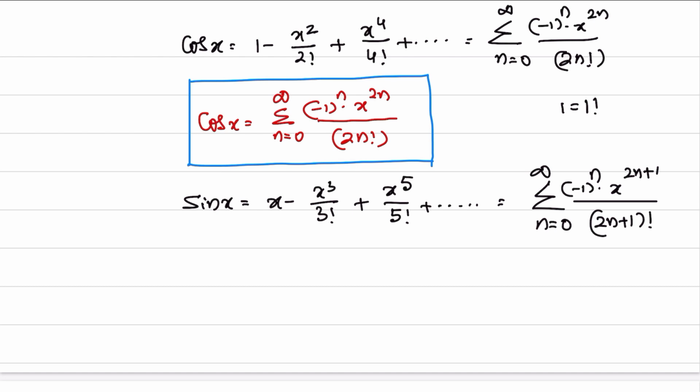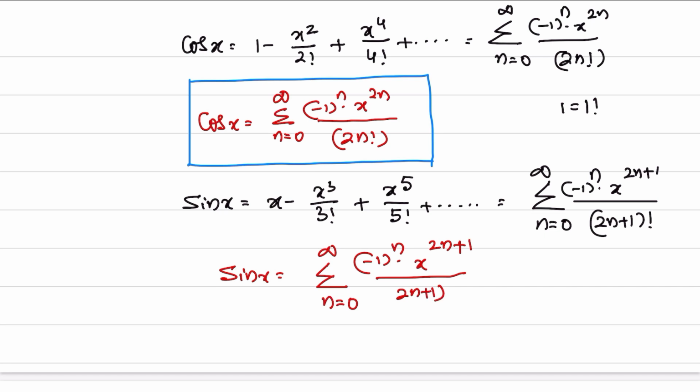That means sin x is equal to summation, sigma n is equal to 0 to infinity, minus 1 to the power of n into x to the power of 2n plus 1 whole divided by 2n plus 1 factorial. This is the value of sin x.